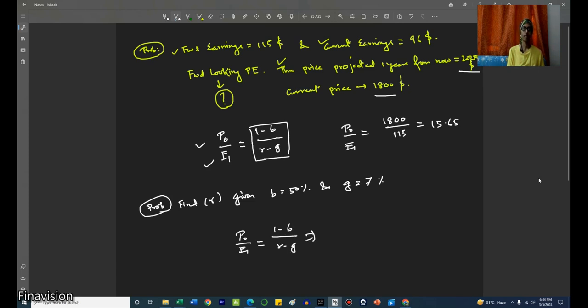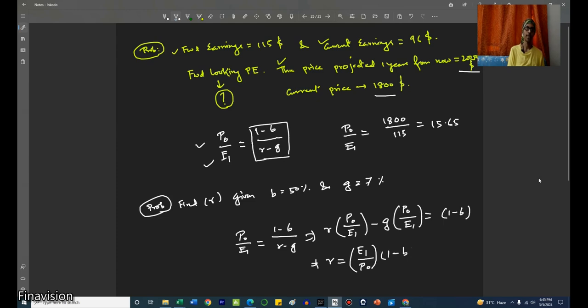From here we can easily write R into P0 by E1 minus G into P0 by E1 is equal to 1 minus B. From here we can easily imply R is equal to E1 by P0, or the inverse of forward looking PE, into 1 minus B, plus G. We just inverted it.